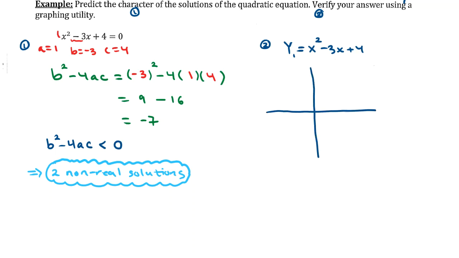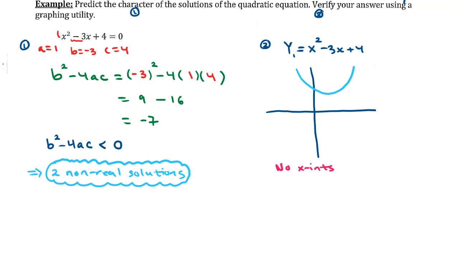And I did this in advance. I wish I could pull a graphing calculator up in the video, but mine's not working as of late. But when you graph this equation, you're going to get a parabola that looks a little something like this. And you'll notice that it doesn't intersect the x-axis. It doesn't cross or touch it. So for that reason, there are no x-intercepts.